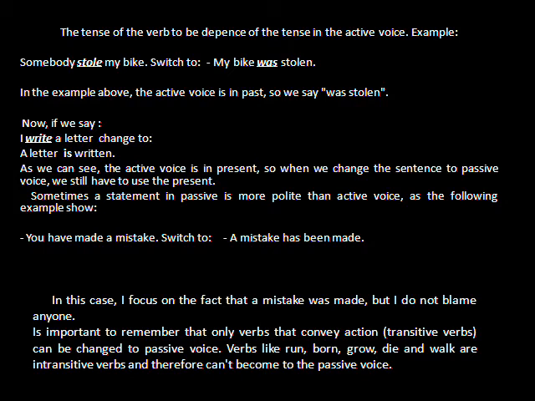It is important to remember that only verbs that convey action, that is, transitive verbs, can be changed to passive voice. Verbs like run, burn, grow, die, and walk are intransitive verbs and therefore cannot become passive voice.